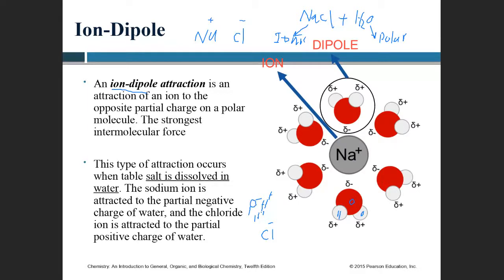And there will be attraction forces. This type of attraction is called ion dipole. So in the ion dipole, we have two things to keep in mind. We have ions and we have polar compounds.